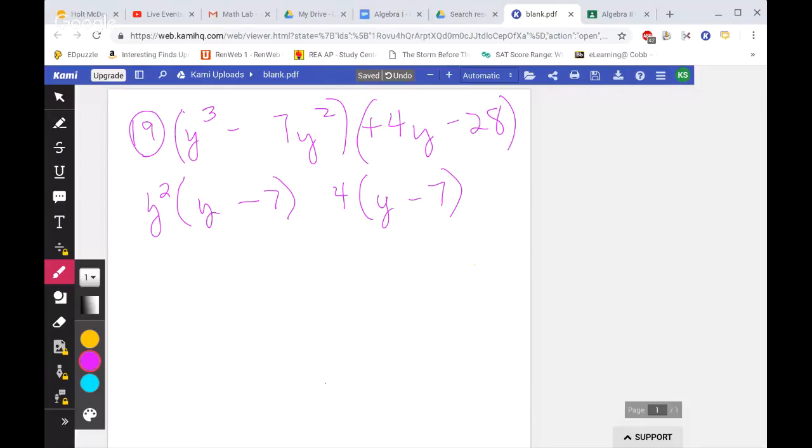Now, there is a common factor in each of these, isn't there? Oh, I remember this. Would it be y minus 7? Is it y squared minus 7? It's y squared plus 4 times y minus 7.